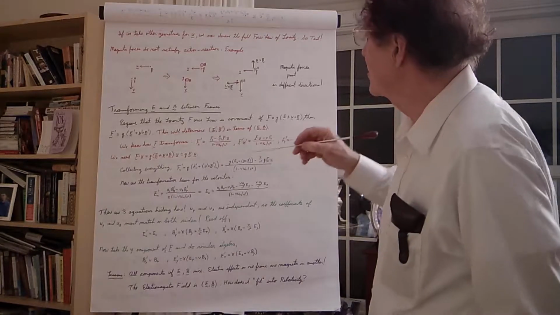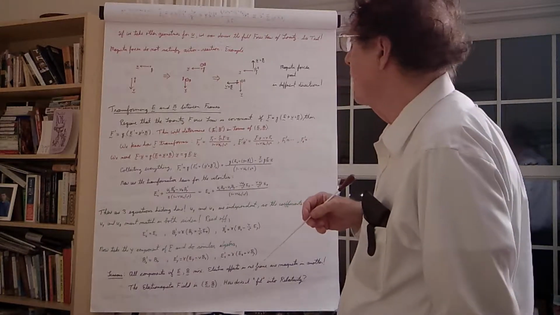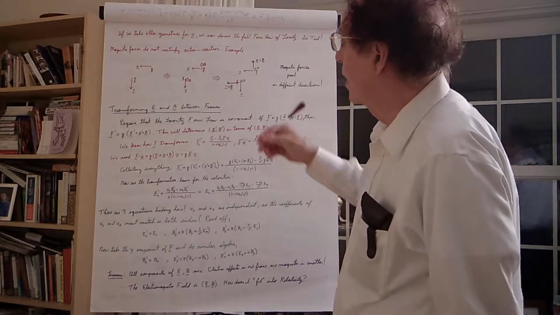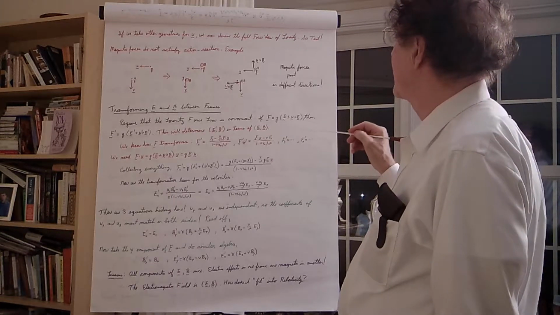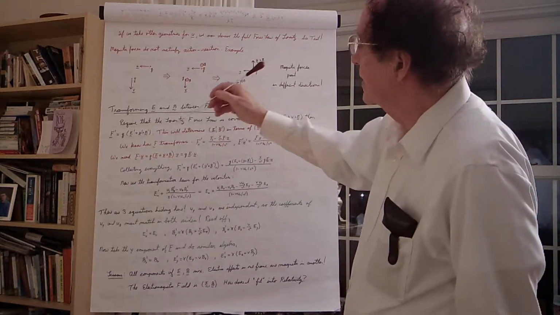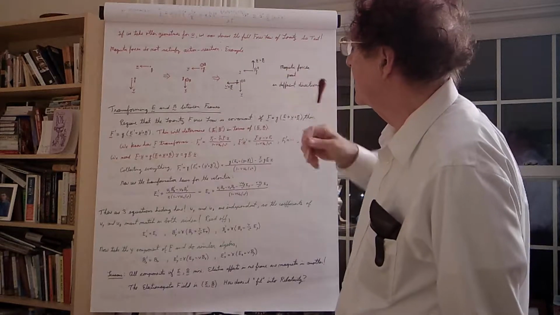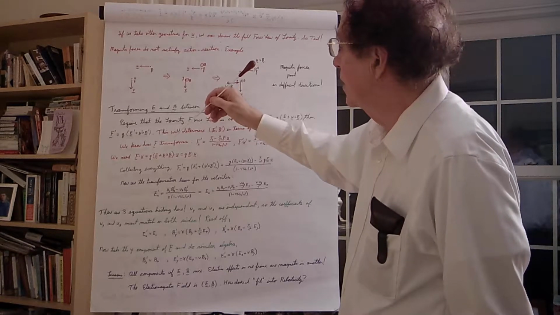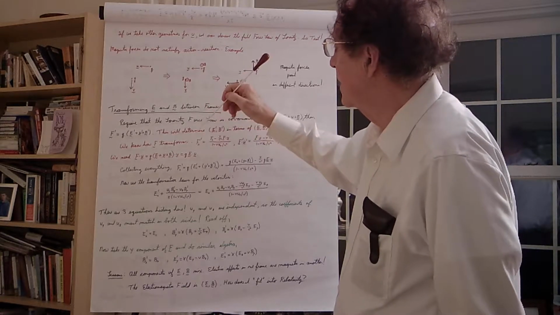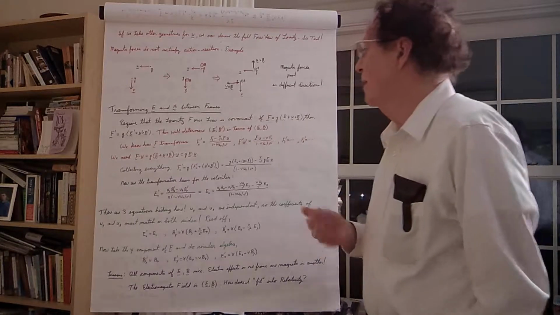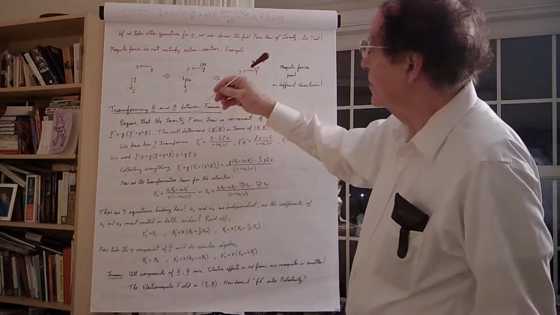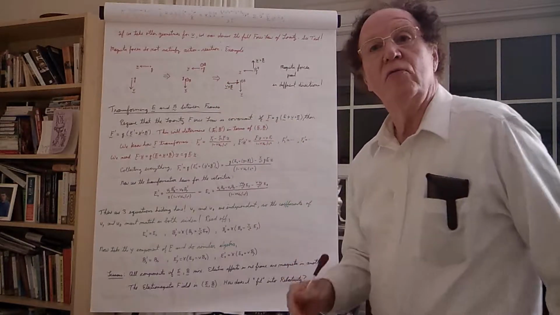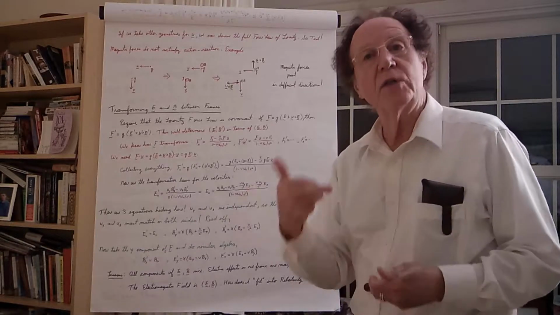Well, F dot U, let's try to simplify that a little bit. We know that F satisfies the Lorentz force law, and so it's given by q parentheses E plus U cross B. So I can take F dot U and see how it simplifies for that case, and so I do that here. I have two terms: q E dotted into U. Well, that's whatever it is, nothing much I can do with it. And then in the second term, I have q U cross B dotted into U. But that's U cross B, taking the cross product.